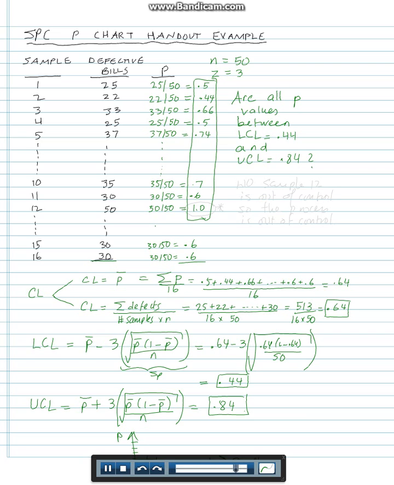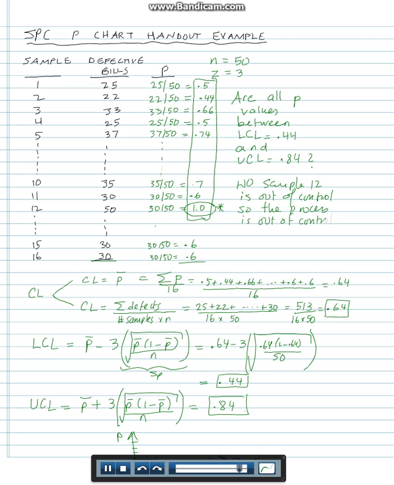We can immediately detect that this one, sample 12, the whole sample, was defective. So the answer is no. Even if you find just one sample that is out of control, that means the process is out of control.